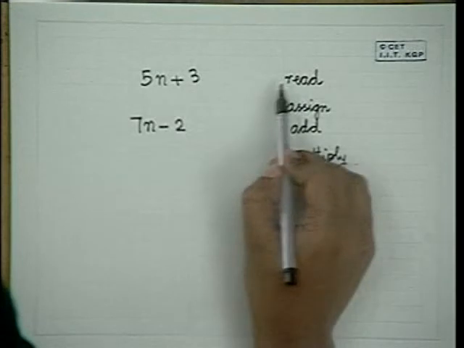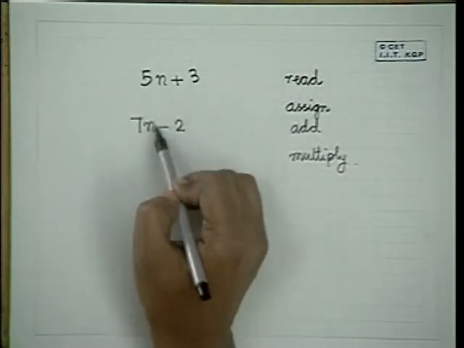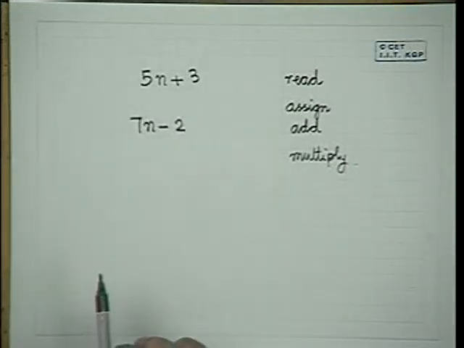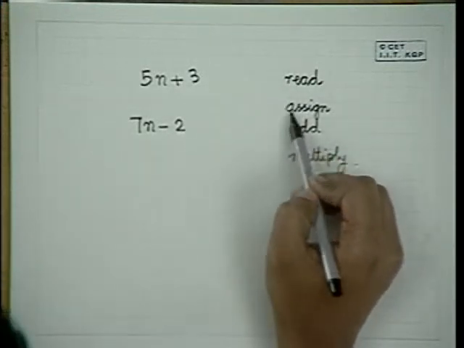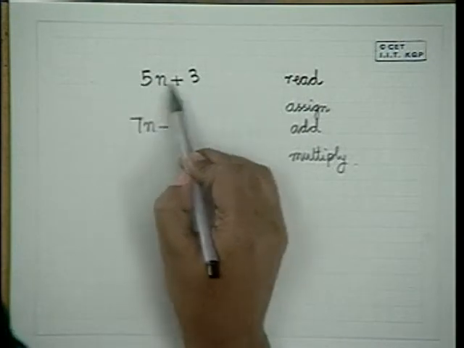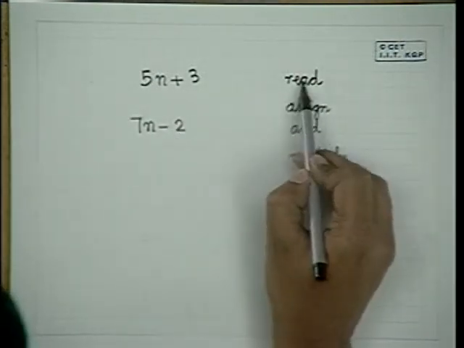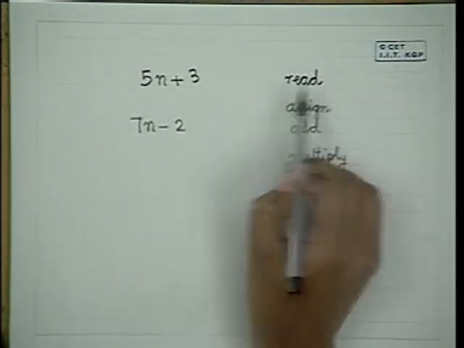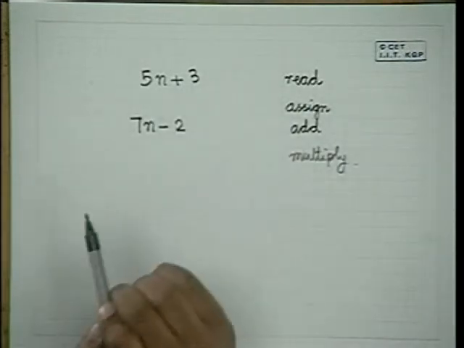Now, in one machine, can I compare these two and say this is better than this? When I run it on a machine, I cannot, because it depends on the actual execution times taken for these statements here and the ratio that they have here. For example, the read statement may take a lot of time in one machine, but, for example, the add statement may take a lot of time in one machine.